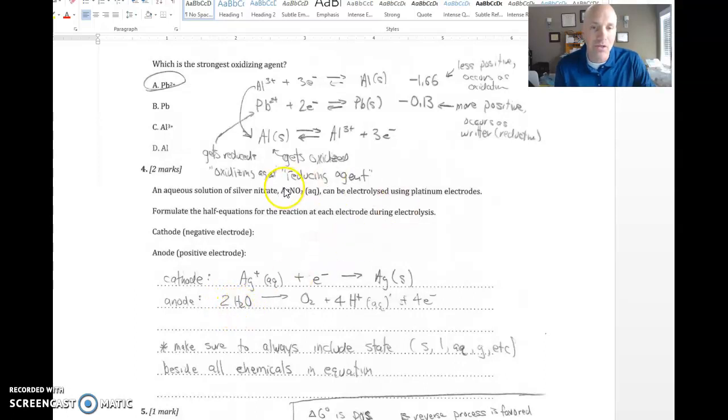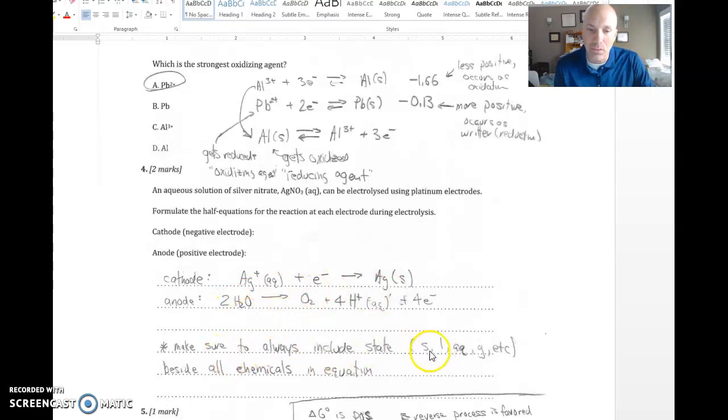Since your negative ion here is not a halogen, I would say it's safe to assume that that's not the reaction that's going to occur. It's going to be the oxidation of water. And again, you want to memorize the half reactions of both the oxidation of water and the reduction of water. So this is that oxidation of water half reaction.